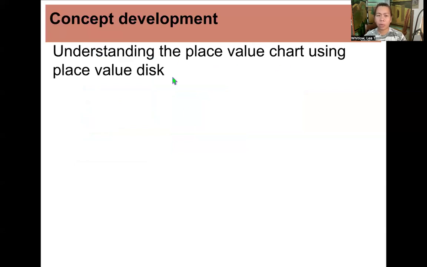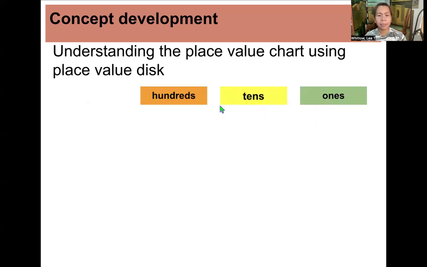Understanding the place value chart using place value discs. Before we move on to composing and decomposing numbers, let's understand how we can use the place value chart and how the place value discs will help us with this lesson. We're talking about only whole numbers today, and the smallest unit is the ones, and then the tens, hundreds, and thousands.